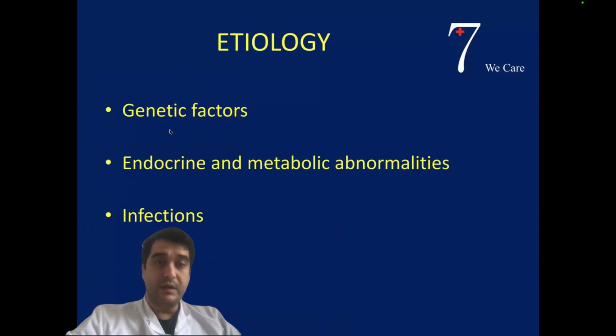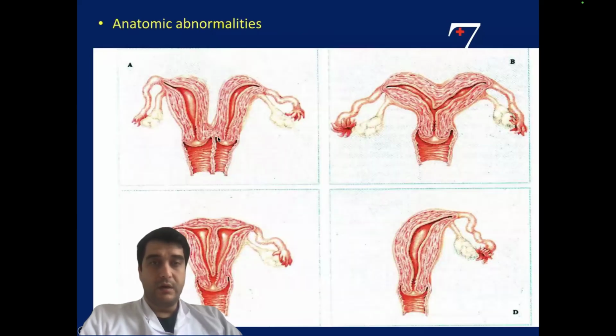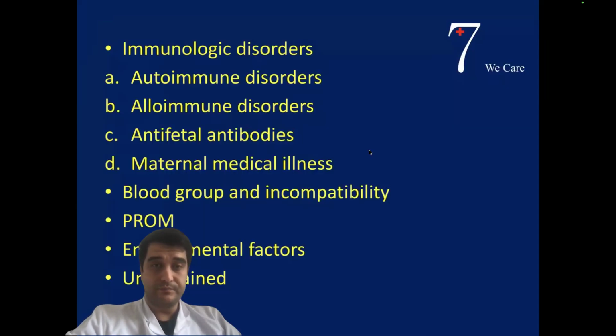Etiology. This may be genetic factors due to some genetic disease, endocrine and metabolic abnormalities, and infections. Then anatomic abnormalities. In these pictures, you can see abnormal anatomy of the uterus, with a double uterus, and we also have other pathological anatomic abnormalities.